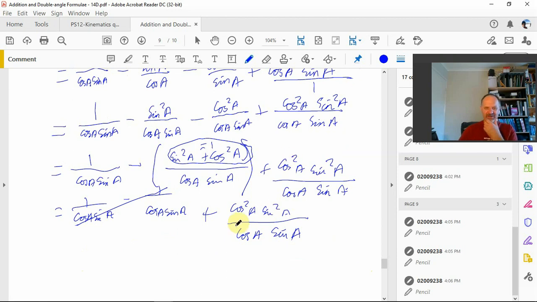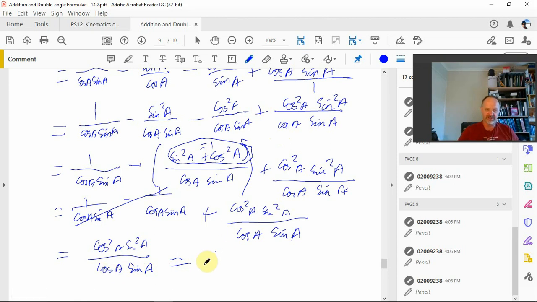Okay, so this bit on the end, I've actually done some work there that I didn't need to do, because now we've got cos squared A sine squared A over cos A sine A, and they cancel out. But I didn't know up here that that was going to be the case. I was just going to put it all together and see what happened.